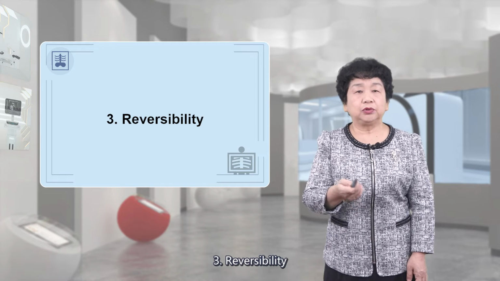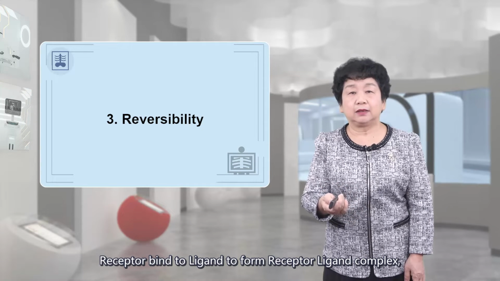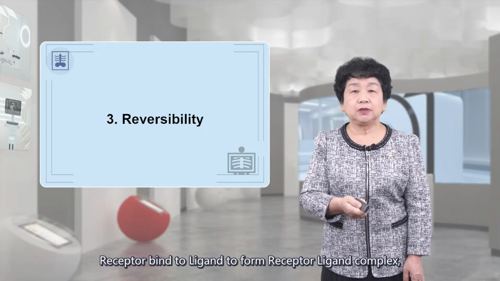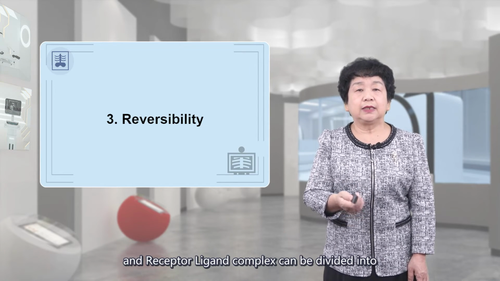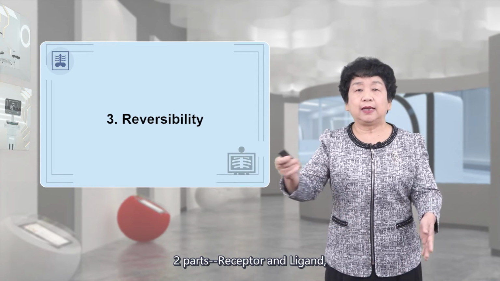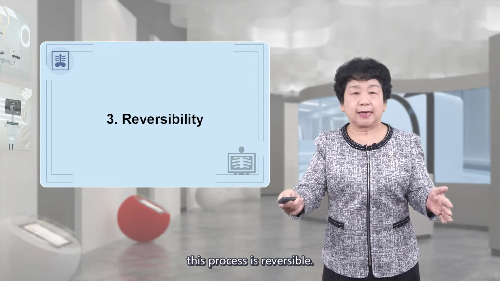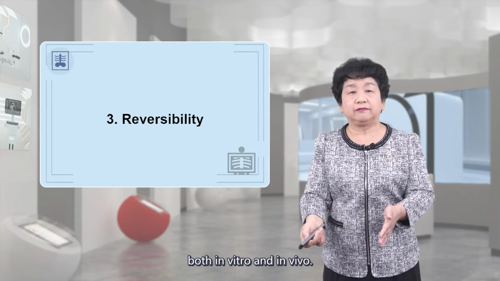The third, reversibility. Receptor binds to ligand to form a receptor-ligand complex, and this complex can be divided into two parts, receptor and ligand. This process is reversible, both in vitro and in vivo.